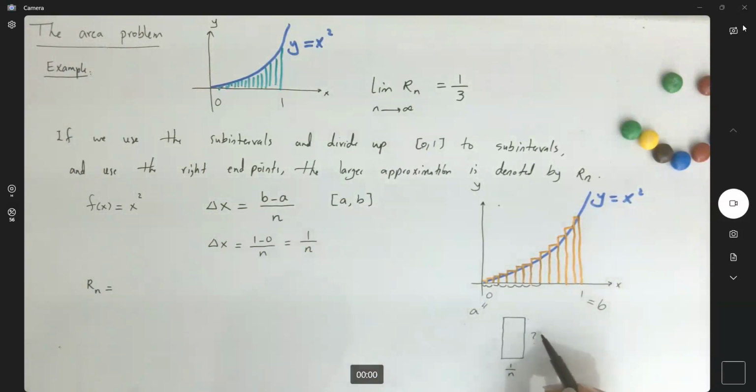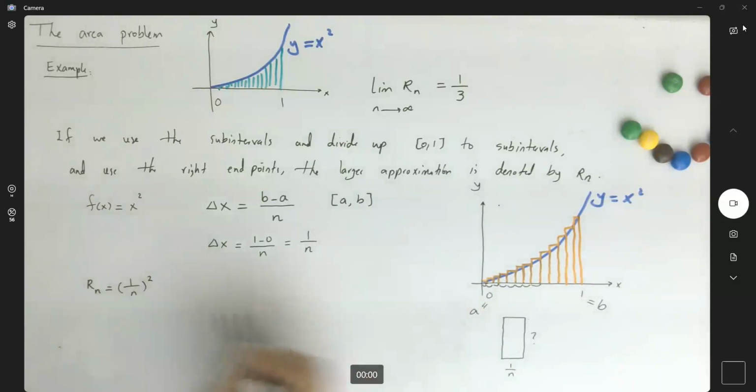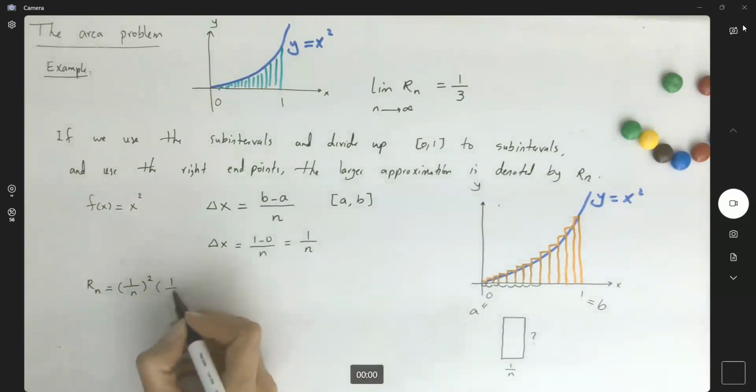Well, to find the height, you're going to use the right endpoints. So here you have 1/n to the second power. So here you have 1/n to the second times the length, which is 1/n.